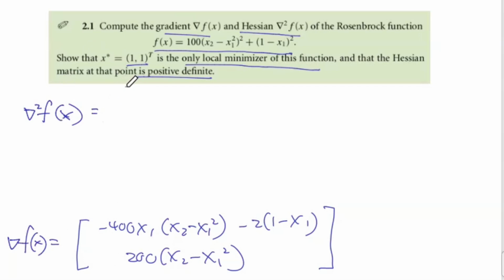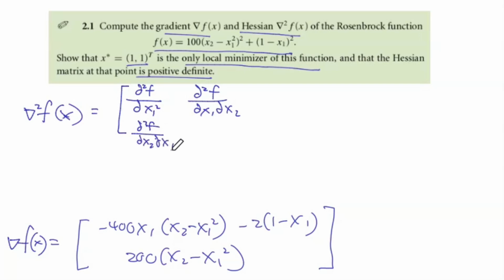The Hessian is, you have the second derivative with respect to s1, and then this one is d squared f ds1 ds2, then d squared f ds2 ds1, and then the second derivative with respect to s2. So this is the Hessian. You should find the Hessian in this way.